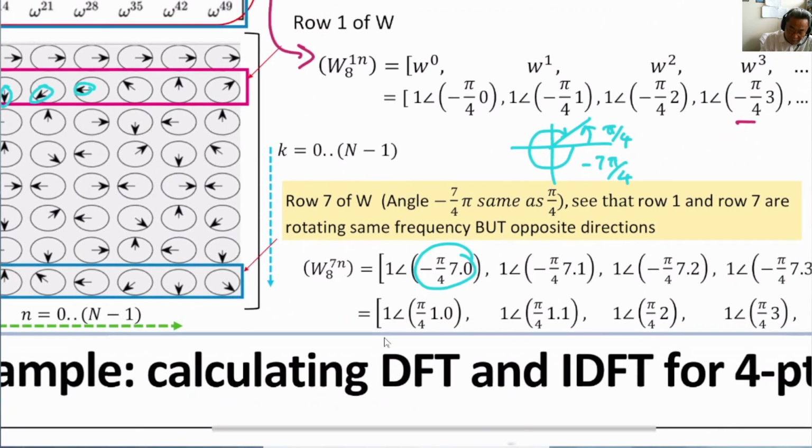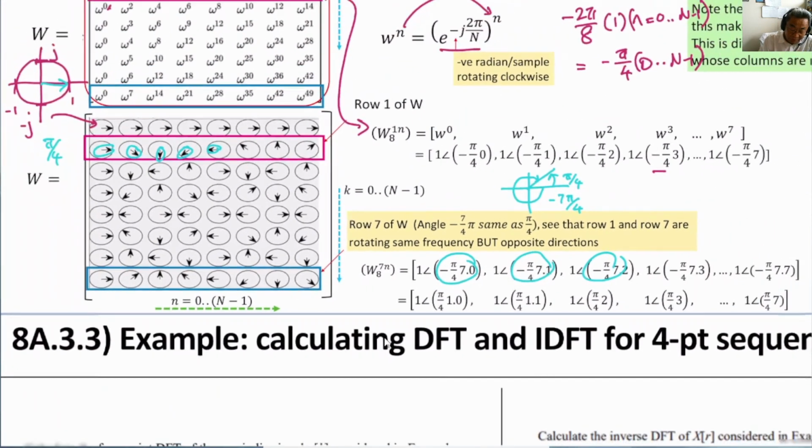And when you convert for each of these elements, then something very strange happens. You'll see that, hey, isn't this very, very similar to W8^1n compared to W8^7n? There is a small difference. What is the difference? Here, it is rotating anti-clockwise by each step, as compared to the k equals 1 element, where it is rotating clockwise at every step.